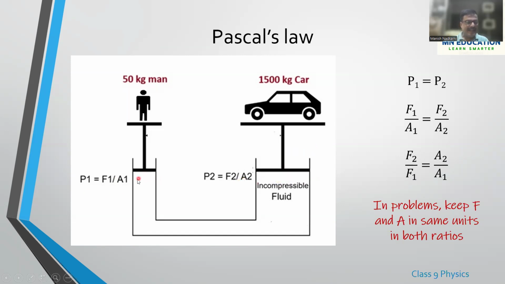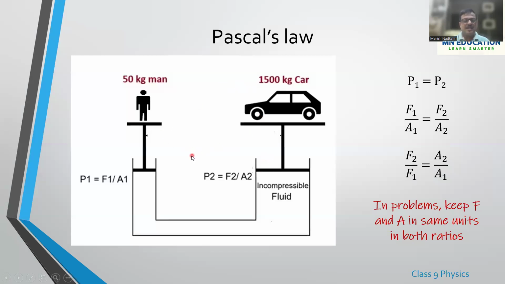Now, the pressure on the liquid in the smaller cylinder would be given by force upon area, F1 upon A1. F1 is the force exerted by this piston. And on the other side, the force is F2. F2 is the force exerted by the weight of this car. It could be a larger force.